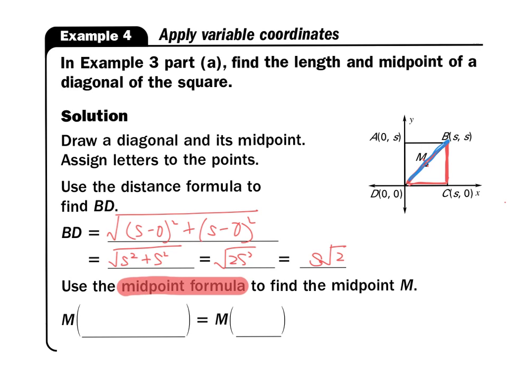So if I simply add the two x coordinates together and take an average, and then add the two y coordinates together and take another average, my midpoint coordinates should be s over 2, s over 2. That's my final answer. Okay?